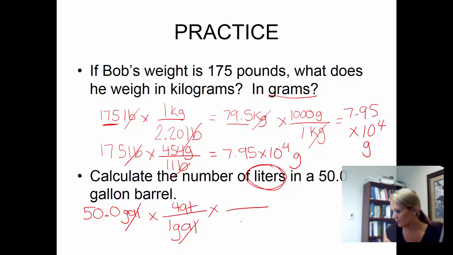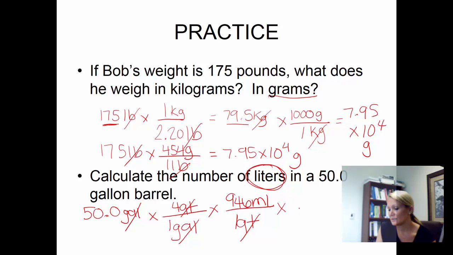If I didn't have that conversion factor of liters in quarts, I could look, and in 1 quart there's 946 milliliters, so it just depends on the table that you're using. In 1 quart, quart has to be in the denominator so the units cancel. I have 946 milliliters, so this would be a good way to get from gallons to milliliters.